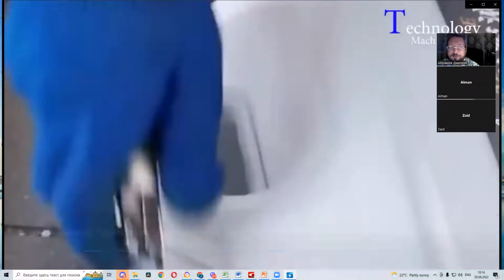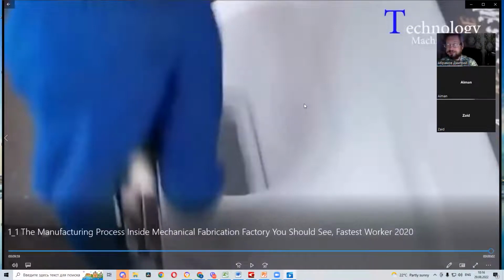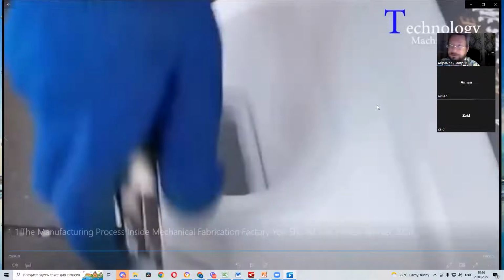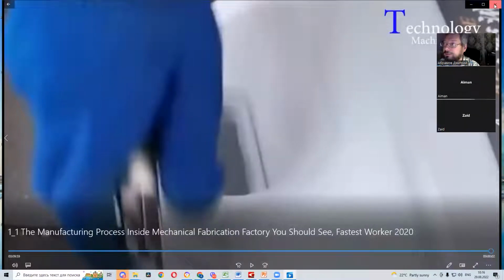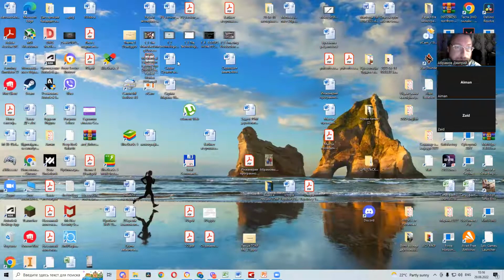That was technological processes in different plants and factories.